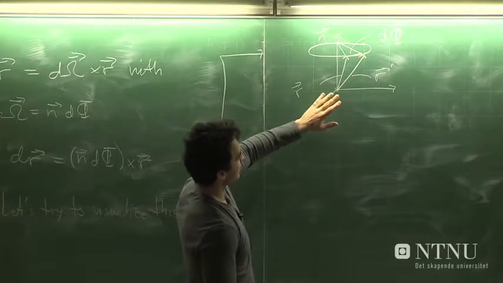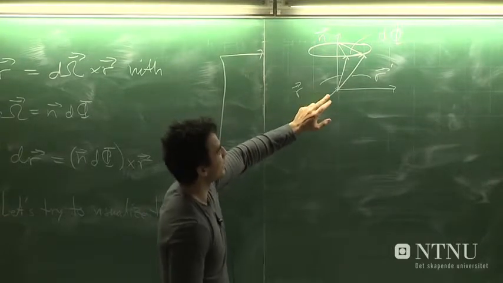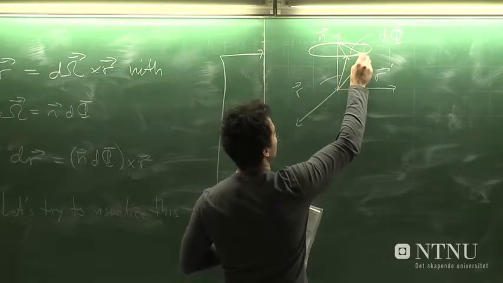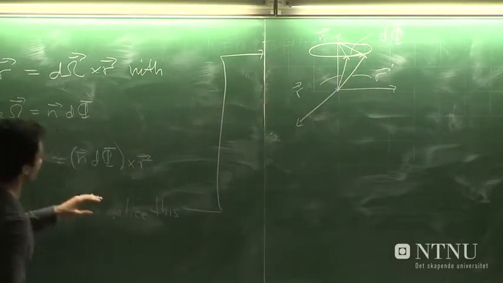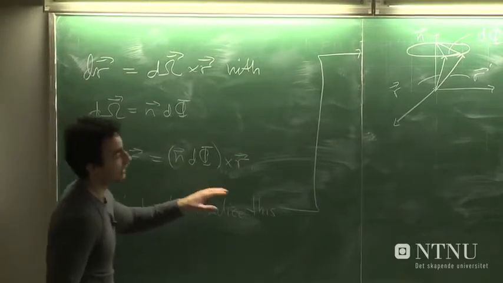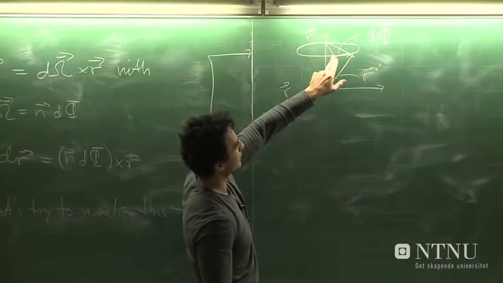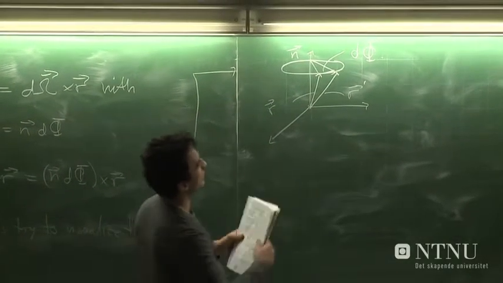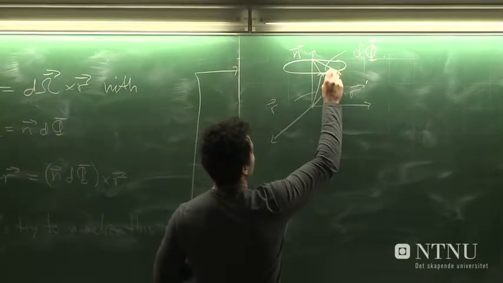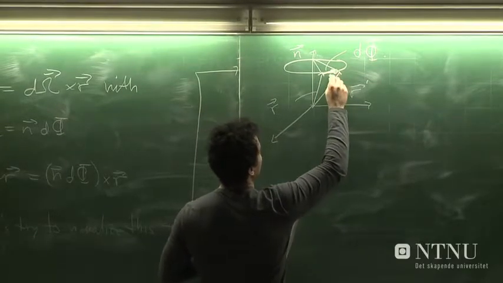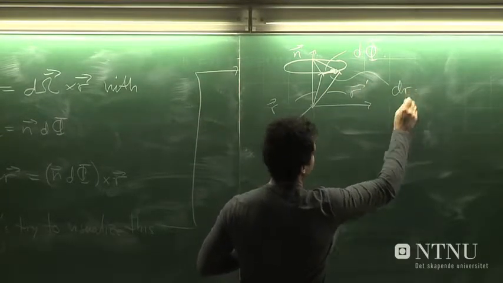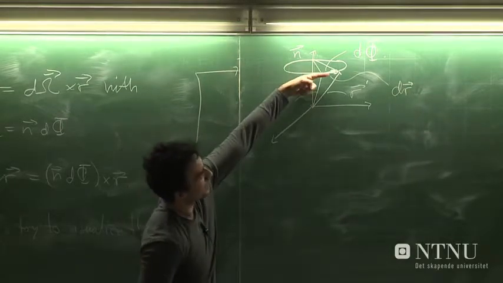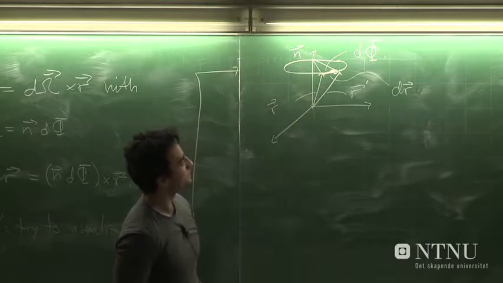So we then see that if our original position vector r is located here, then n d phi, where phi is this angle here, crossed with this r, gives us this dr vector.